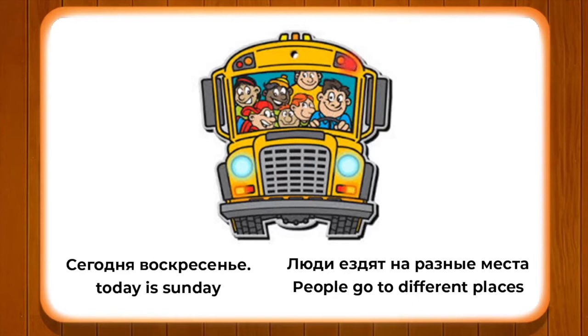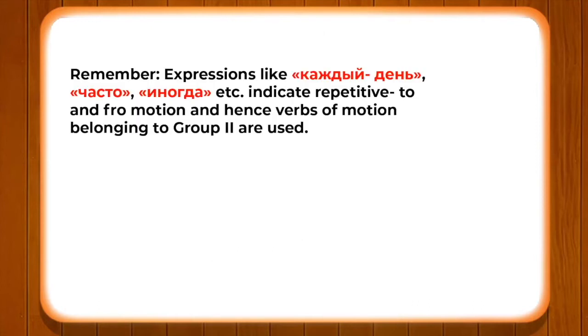Alright, now let's go ahead. Here it is very important to remember expressions like каждый день, часто, иногда. Каждый день we know means every day, часто means often, иногда means sometimes. Whenever we have such expressions which indicate repetitive to-and-from motion, the verbs of motion belonging to group 2 are used.